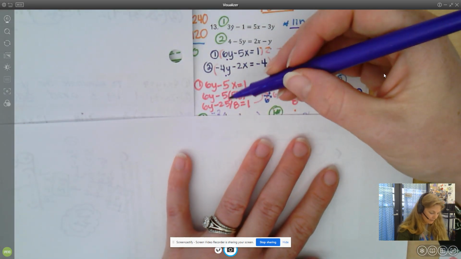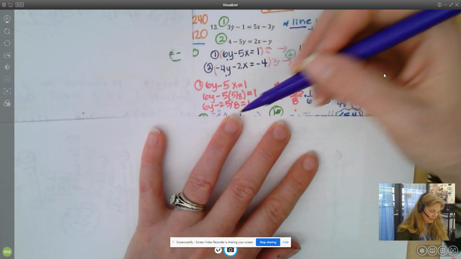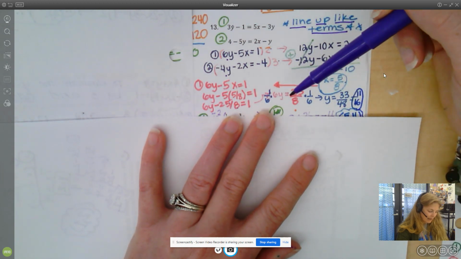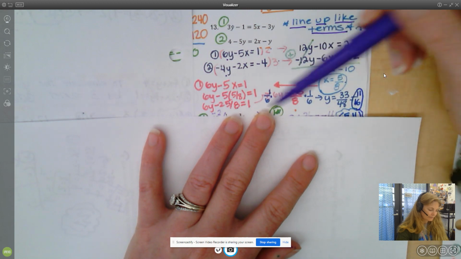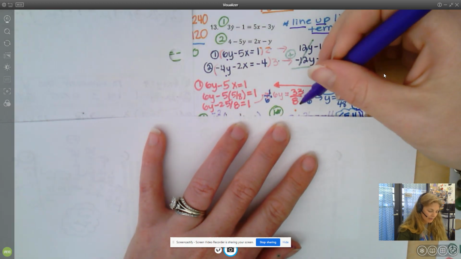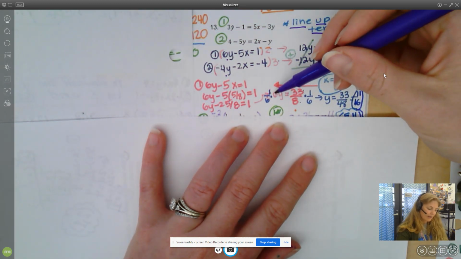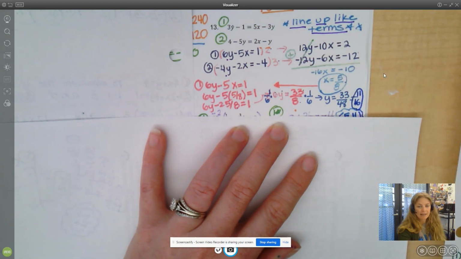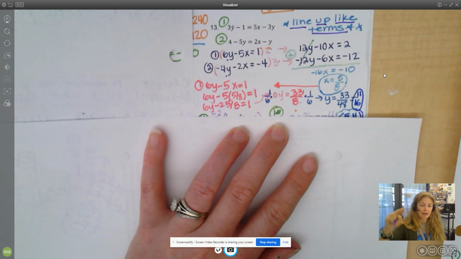Notice from here, when I had negative 25/8 and I needed to add 25/8 to both sides, I decided to think about 1 as 8/8. So when you are adding 25 and 8, you get 33/8. From here, when you have 6y equals a fraction, you want to divide both sides by 6, but remember, dividing by a fraction is the same thing as multiplying by its reciprocal.